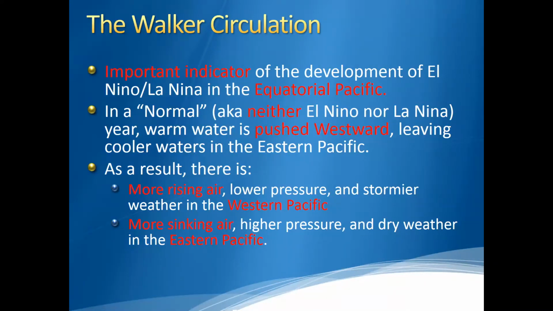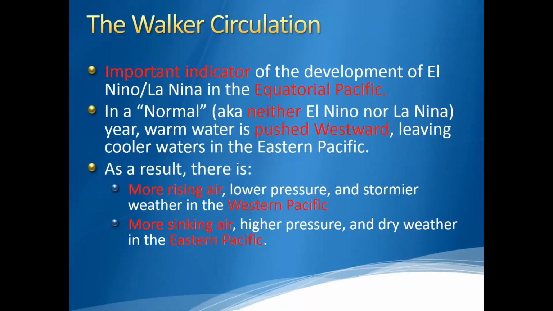But one of the things I didn't really mention yet is that these currents do have some variation to them. And this is actually caused by something called the Walker circulation. A few lectures ago, we talked about the three-cell model of the atmosphere: the Hadley cell, the Ferrel cell, the polar cell.